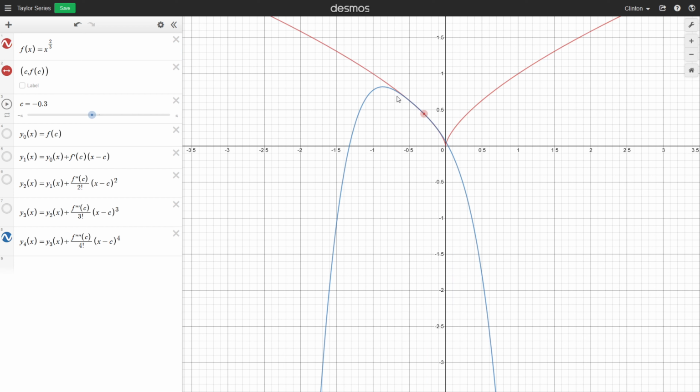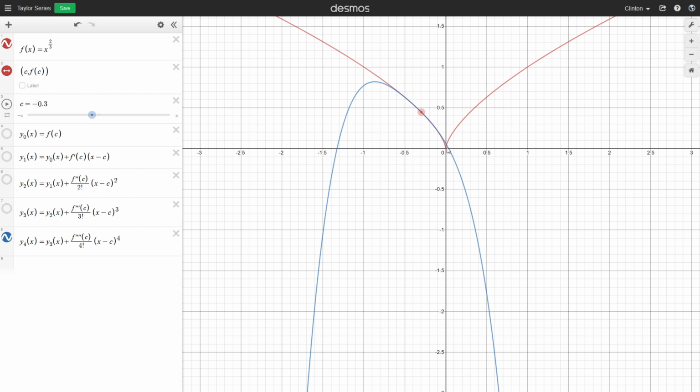The radius of convergence would be some portion here. It's not going to go all the way to, there's this point 0 here, which causes problems. So this would converge in some area here, but it could never include 0 in that radius of convergence. So here, if I'm at negative 0.3, that means the radius of convergence here would have to be 0.3.